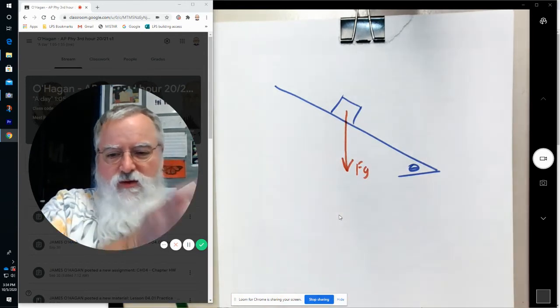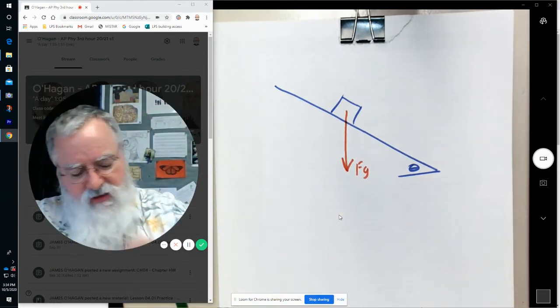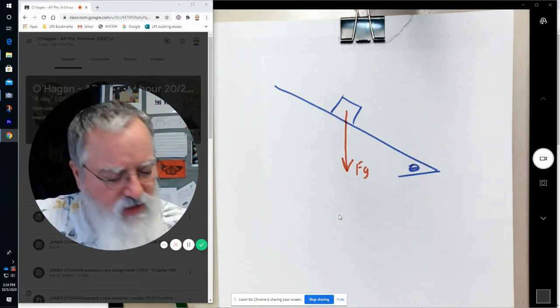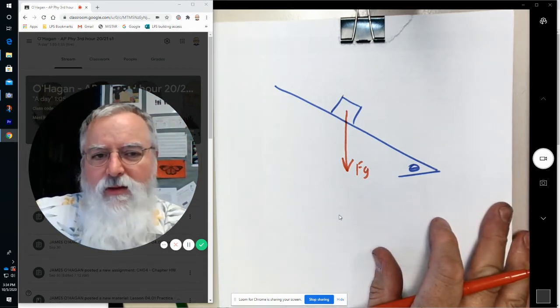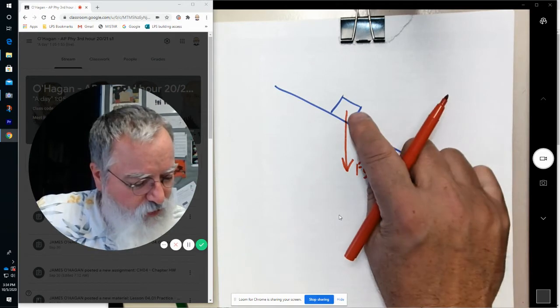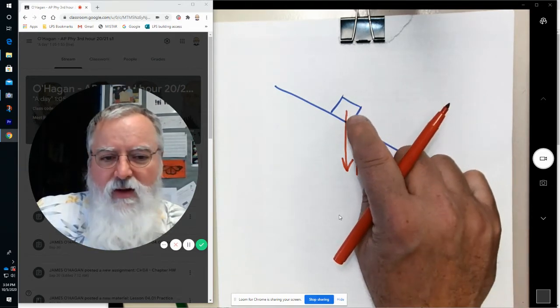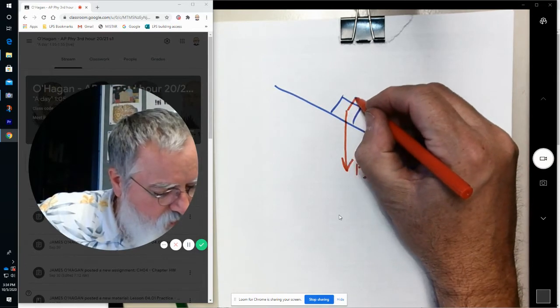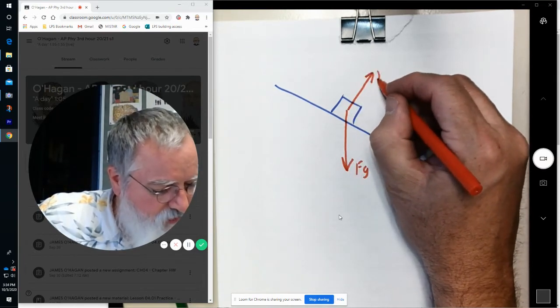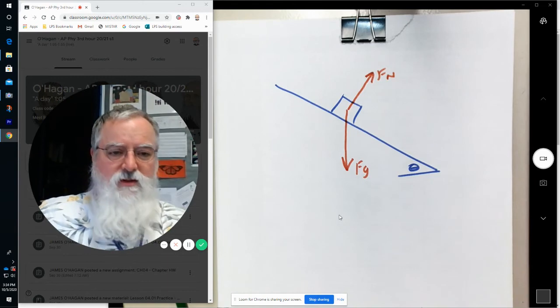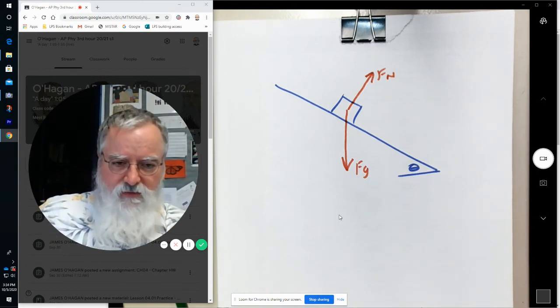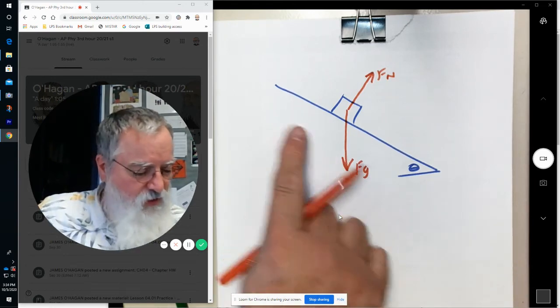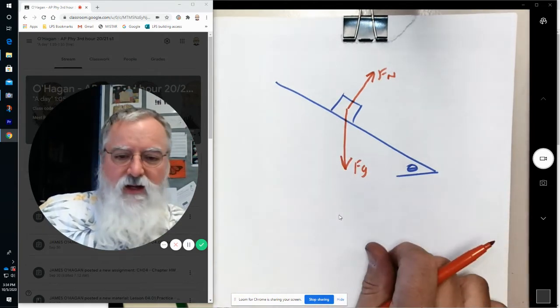Whenever two surfaces press against each other, the resulting force is always at a right angle to the surface. So the force on this mass is at a right angle to the surface that's creating that force. That means there's a force going this way, and this is called the normal force. If there's no friction, those are the two forces, and this object's going to slide down the ramp. Okay?